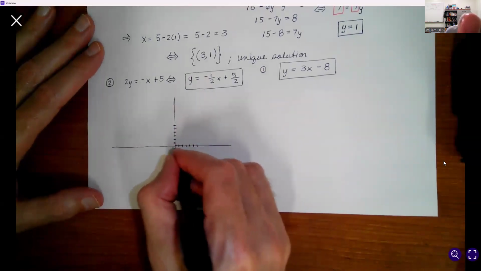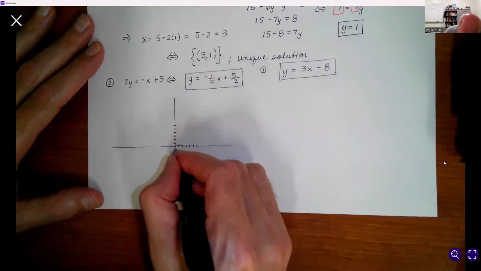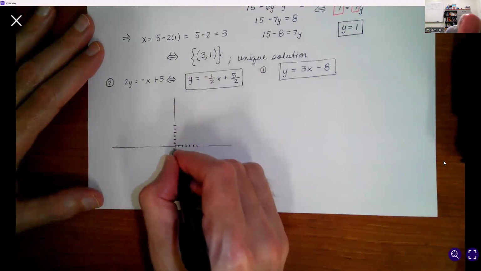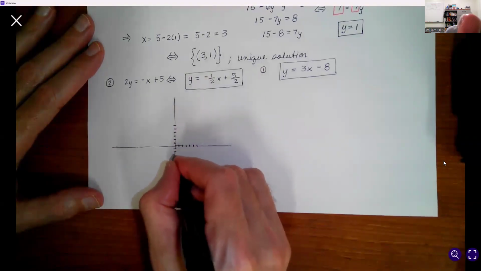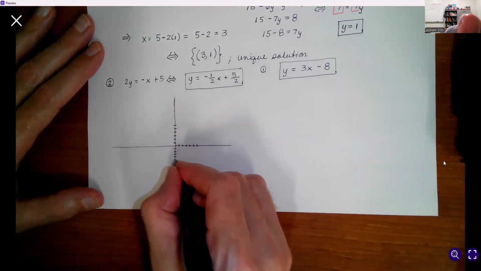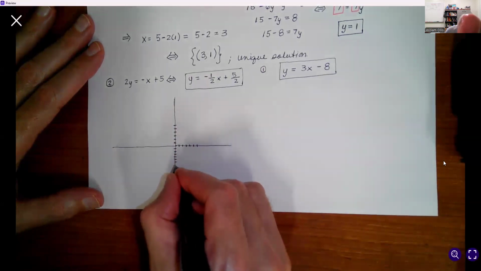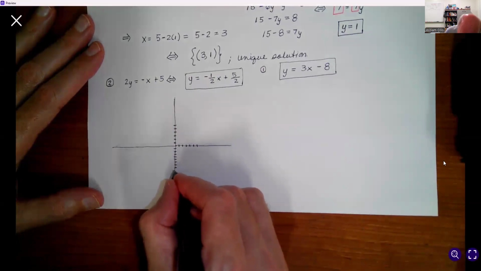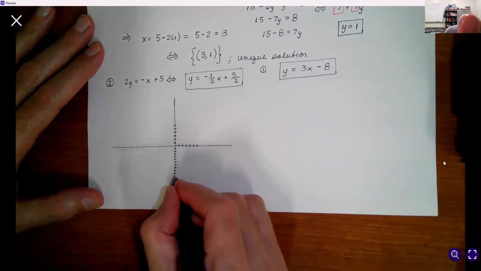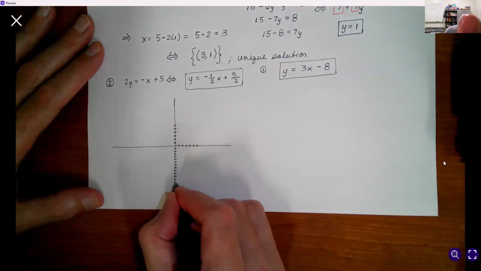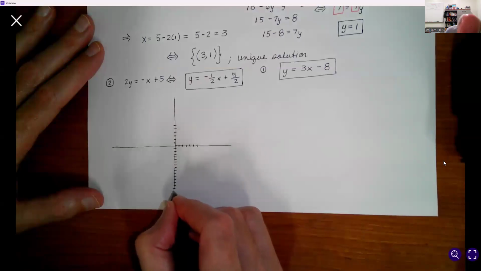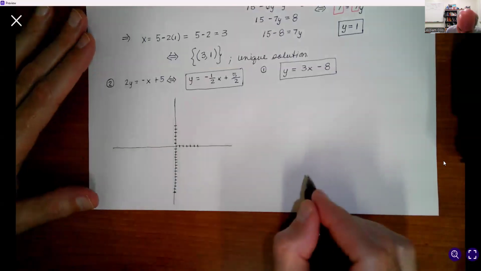And then we'll do some here. We've got a -8, so I'm going to just go ahead and do that. So we're going to need 16. 1, 2, 3, 4, 5, 6, 7, 8, 9, 10, 11, 12, 13, 14, 15, 16. These are not too huge.